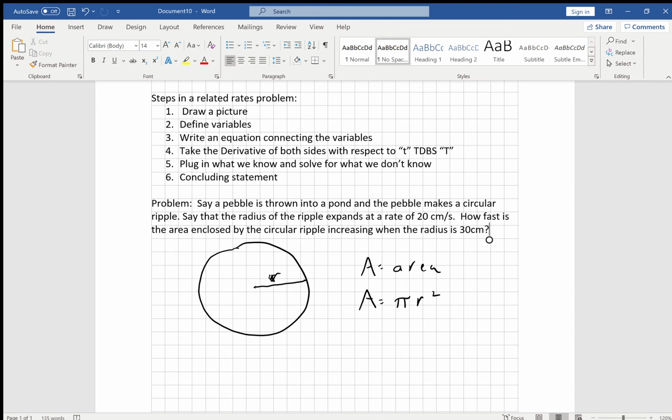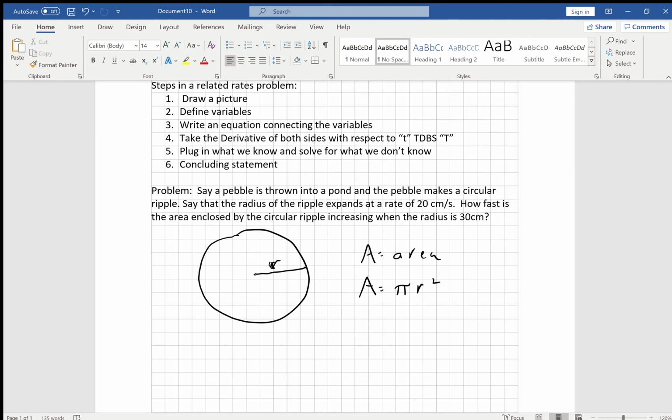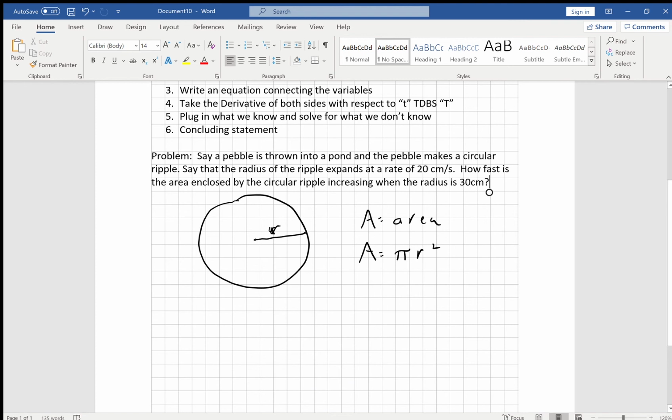Now we're going to take the derivative of both sides of this equation with respect to the variable t. Remember, we're not taking the derivative with respect to R, and we're not taking the derivative with respect to A. We're taking the derivative with respect to t, and we're going to use the chain rule on the right-hand side. So the derivative of A is going to be dA/dt.